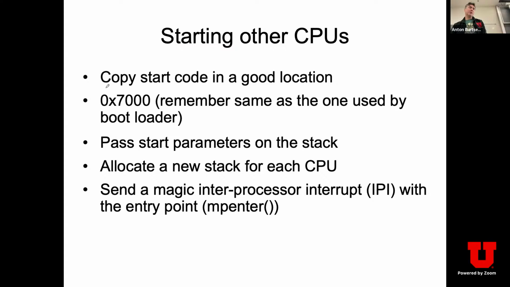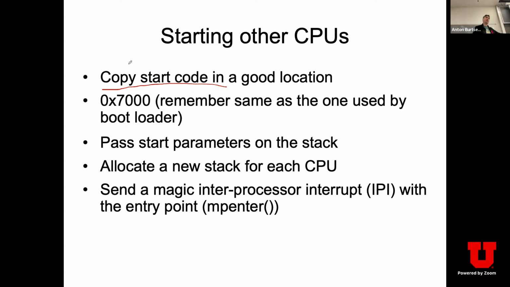First of all, each of these CPUs will start in real mode of execution, right? So we again need to bootstrap the CPU to enable segmentation, enable paging, stuff like that. So we need some kind of start code to run on those CPUs. And remember, when BIOS was starting this very first CPU, it started from the bootloader.